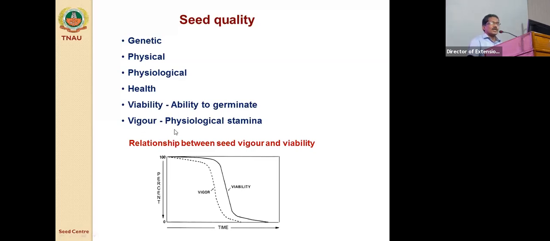That is the physiological stamina of the seed. As of now, legally, vigor is not considered in any of the seed testing procedures and protocols. The proposed seed bill, of course, has some valid points about the inclusion of vigor for seeds.